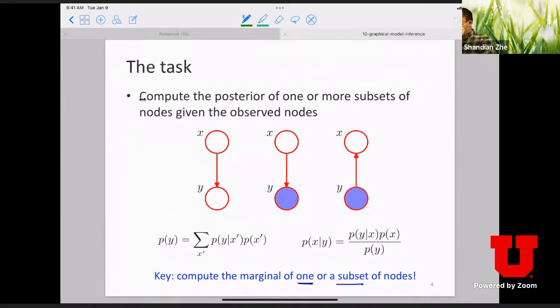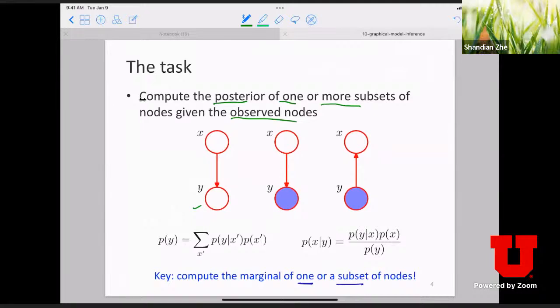At the end of last lecture, we talked about the computational issues on graphical models. Generally speaking, the computational task on a graphical model is to compute the posterior of one or more subsets of the nodes given the observed nodes, which just means given observed data. Take this simple graphical model as an example.